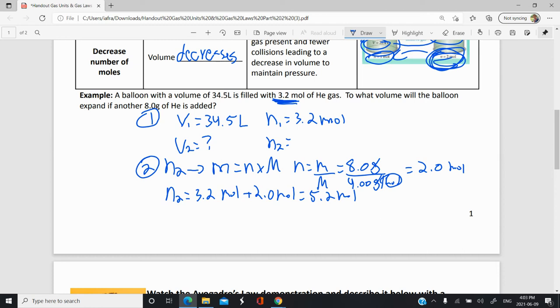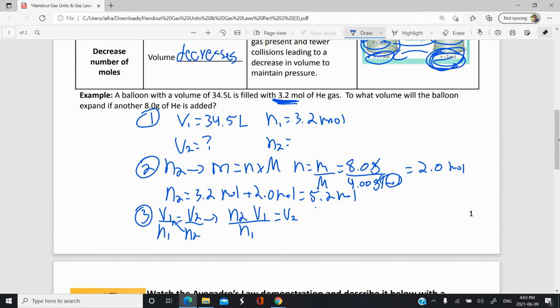Now, remember, Avogadro's law states that V1 over N1 is equal to V2 over N2. We want to find V2. So to do that, we can just send this to the other side. We get N2 times V1 over N1 is equal to V2.